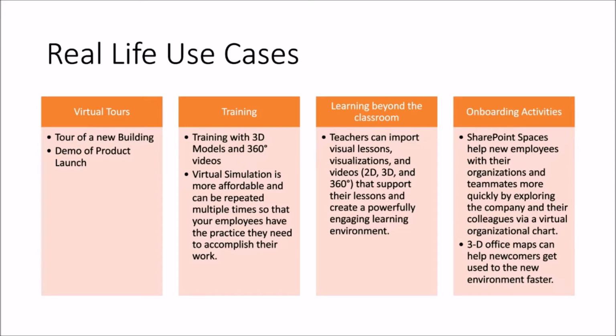Now, what happens here is, with the help of 3D videos, 3D models and 360-degree videos, employees can easily simulate their business process with the help of mixed reality. Right, so this training is more affordable, which doesn't require any actual equipment. With a normal handset or mixed reality headset, they can easily take a training.